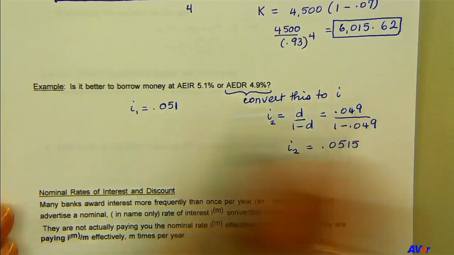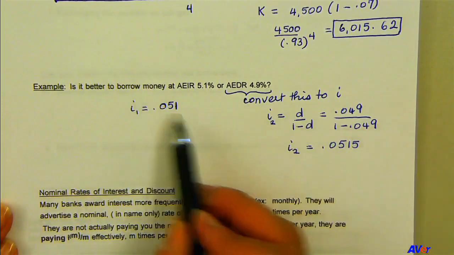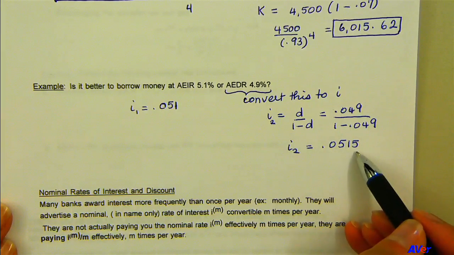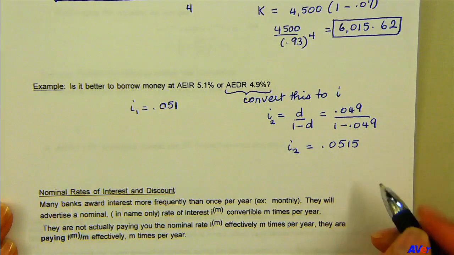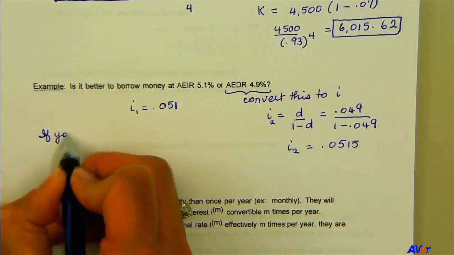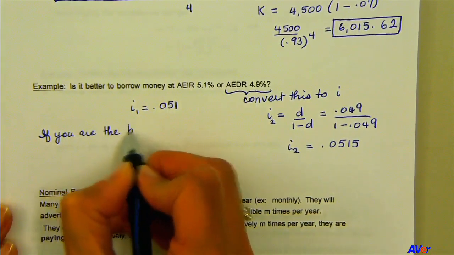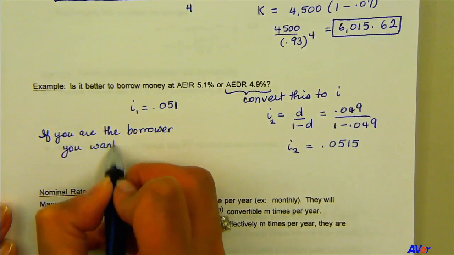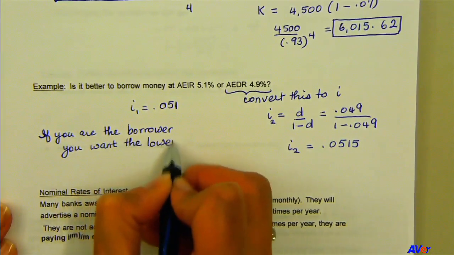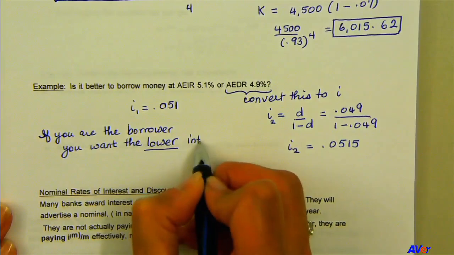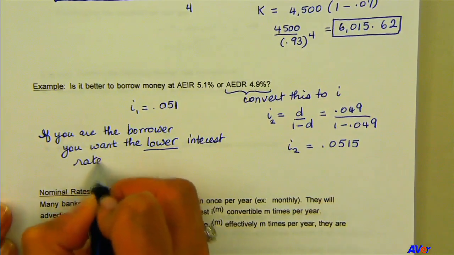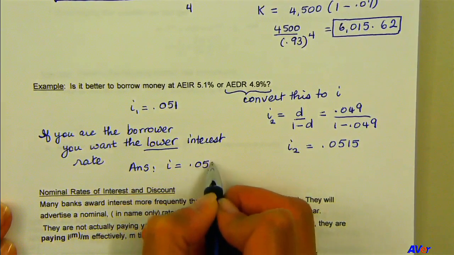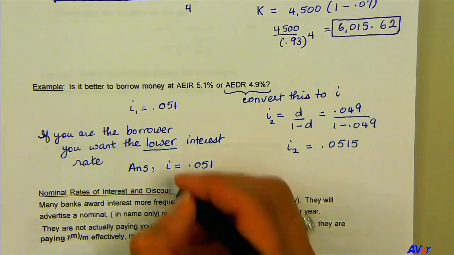So it says, is it better to borrow money at 5.1% or 5.15%? Obviously, if you are the borrower, you want the lower interest rate. So the answer is i equals 0.051, meaning i1.